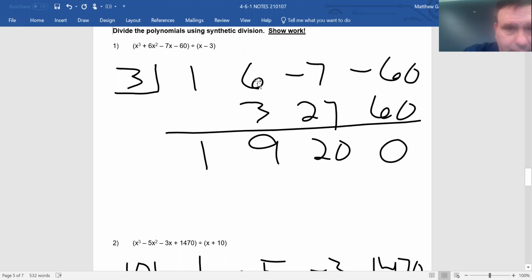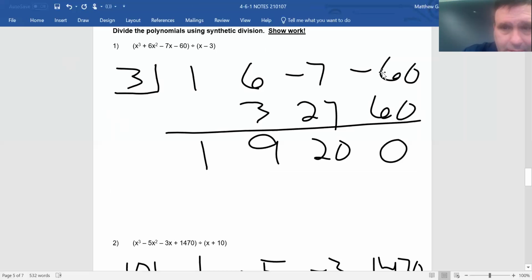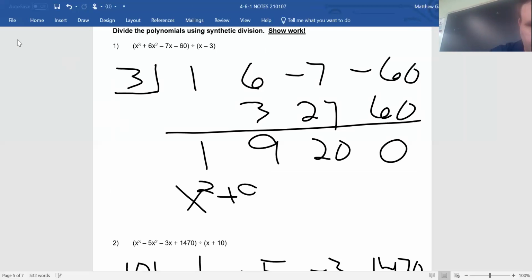Times 3 is 3. 6 and 3 is 9. 9 times 3 is 27. Added to negative 7 is 20. And 20 times 3, excuse me, is 60. Added to negative 60 is 0. So our answer is 1x squared plus 9x plus 20.